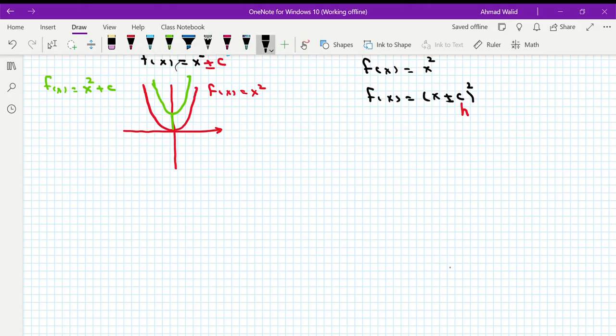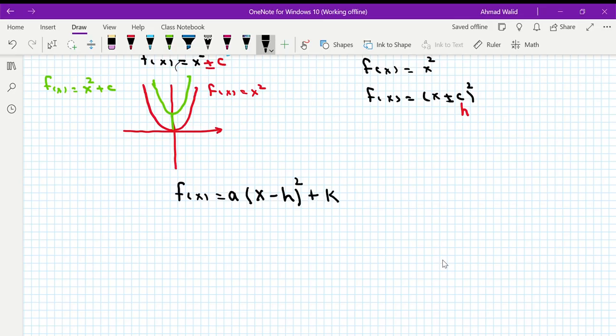Then, if I put both shifts together, it will be f of x equals, let's put an a here, which is the coefficient of x squared, times x minus h squared plus k.